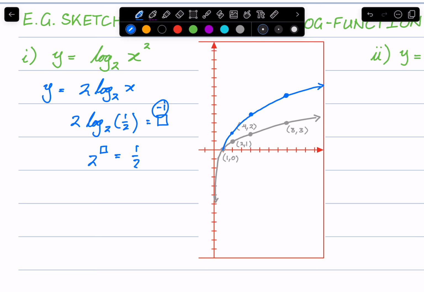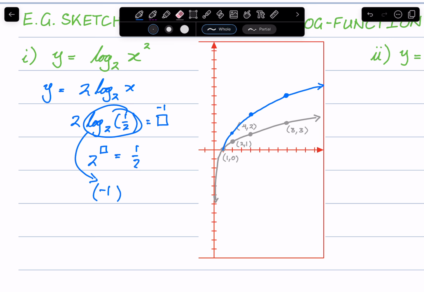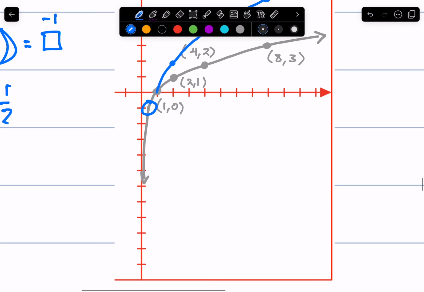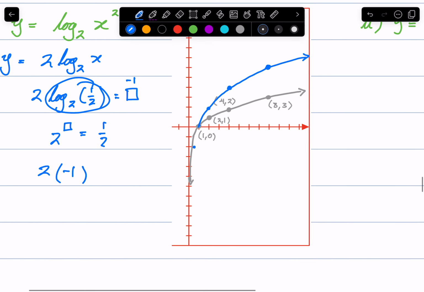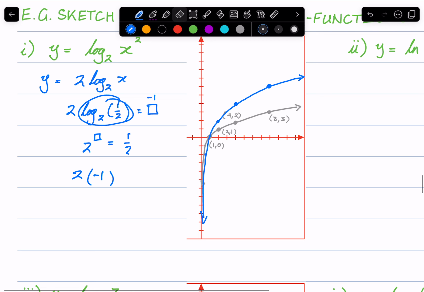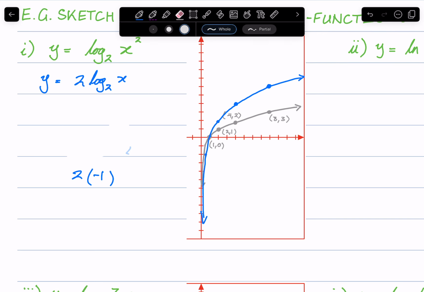So that output becomes negative 1, to which we multiply by the coefficient here of 2. So negative 1 becomes negative 2. So that next point goes down like so. So this is actually stretched outwards in the negative as well.